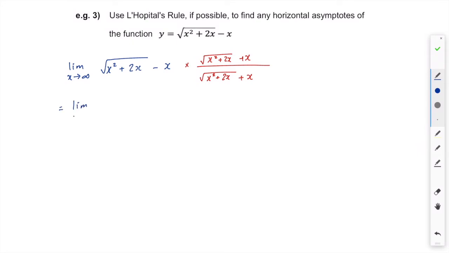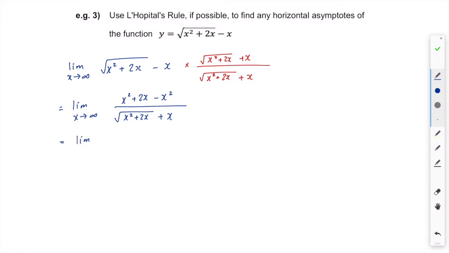So what does this give us? I have the limit as x approaches infinity. I have a difference of squares in the numerator: x squared plus 2x minus x squared, over the bottom, which is just the square root of x squared plus 2x plus x. Okay, let's simplify this.